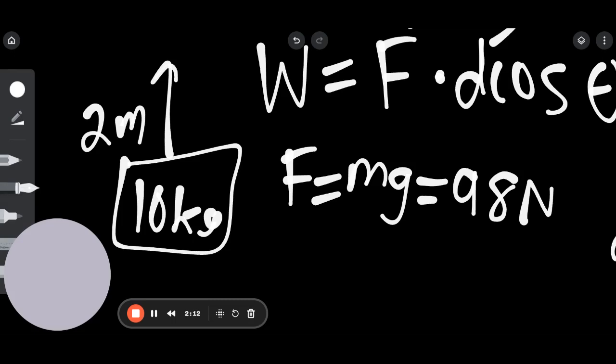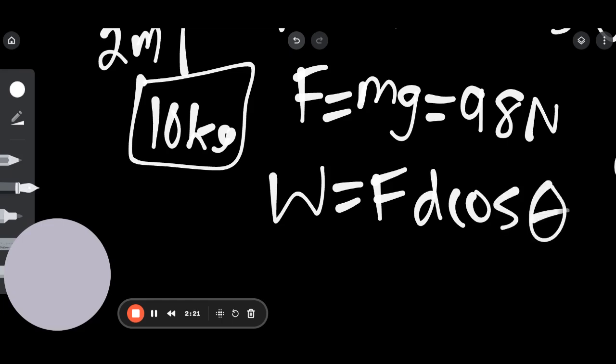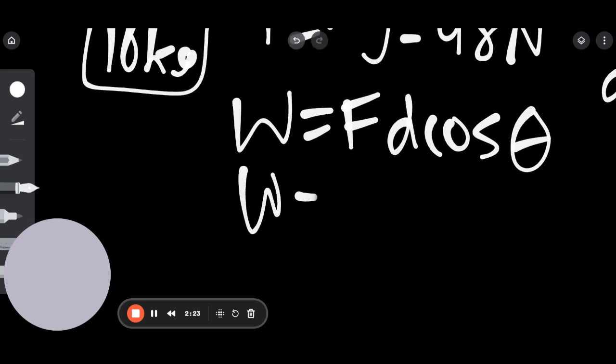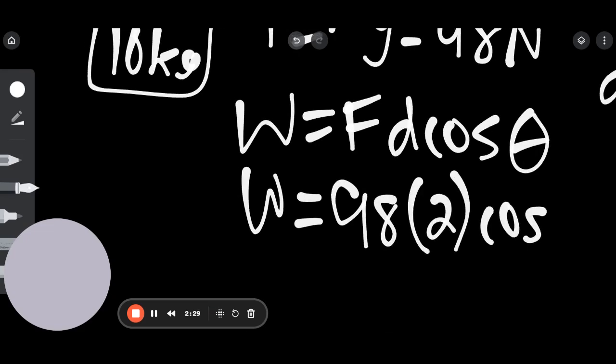Now, according to our formula, W is equal to force times displacement times cosine theta. So the work done is equal to 98 times the displacement, which is 2, times cosine of theta. Now, what is theta?